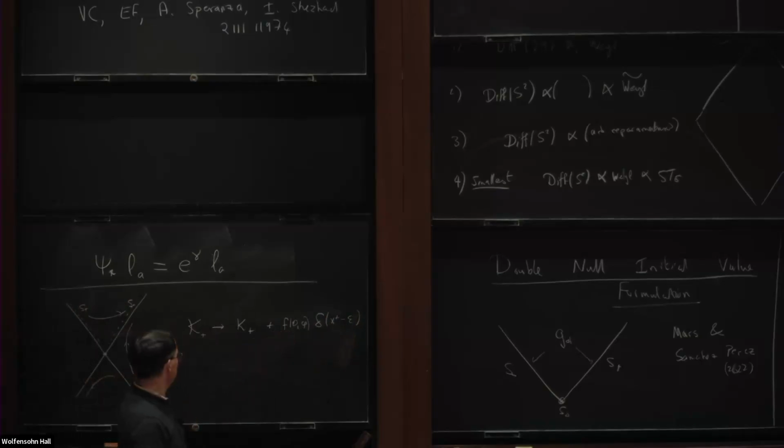Okay, let me just say one last thing: with this extension of the coordinates in the phase space, I can then derive an expression for the symplectic form, and it has contributions that look like integrals over the two null surfaces, bulk terms.